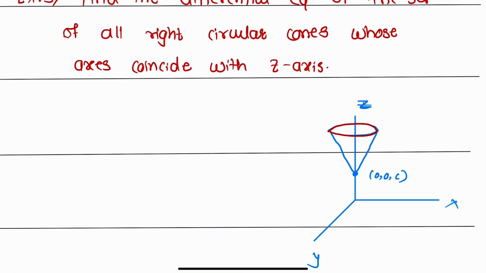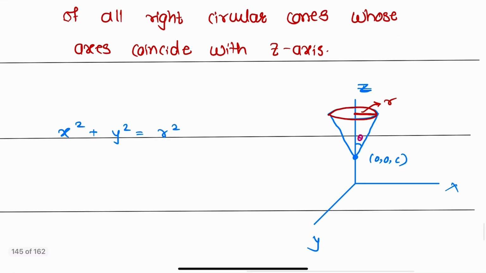Okay, and we can say this is its radius, which is equal to R. So can we write the equation of the circle of the base of the cone as x square plus y square equals R square? Yes. Now if we take this angle as theta, okay, this is theta.